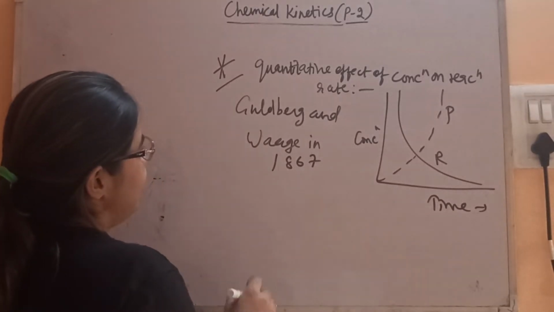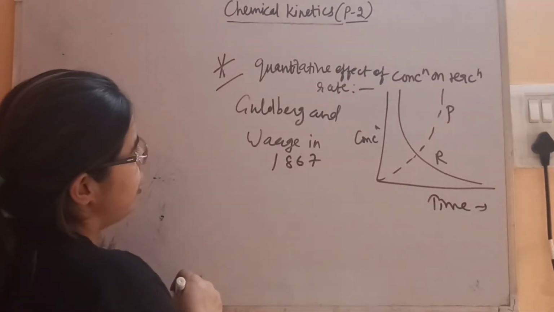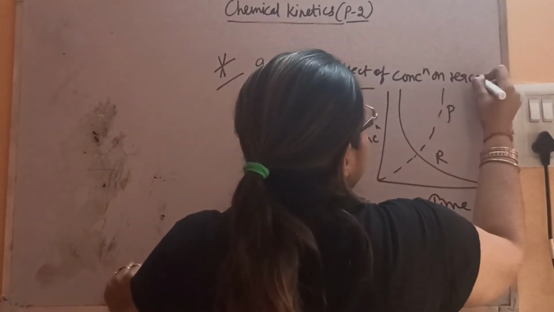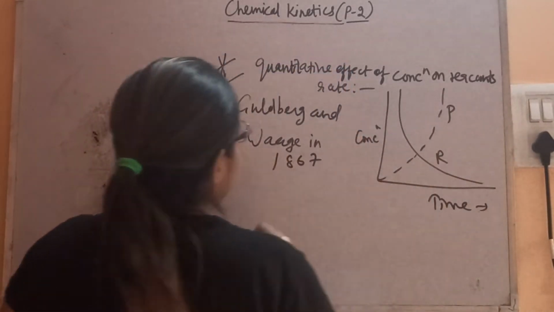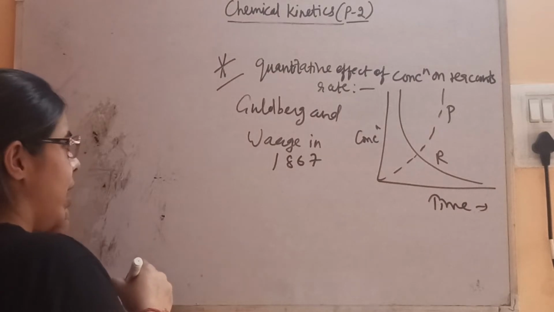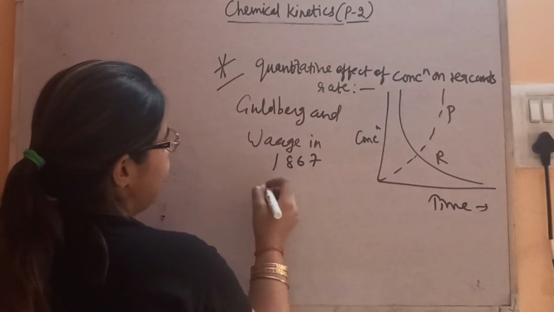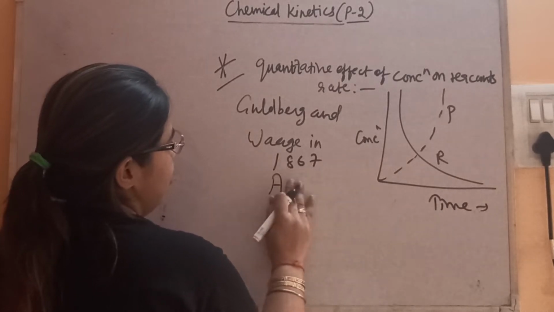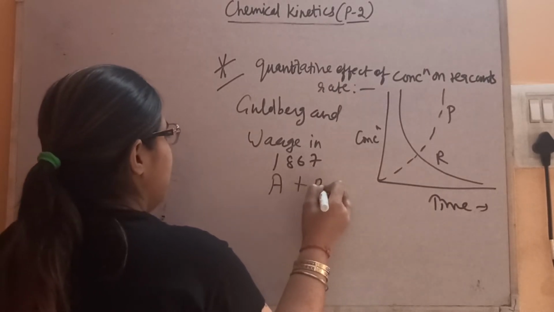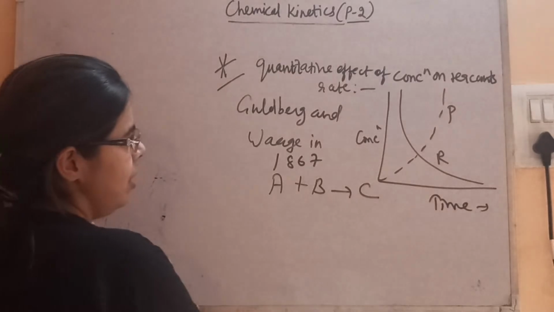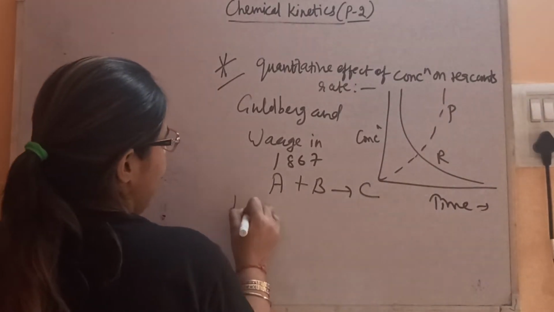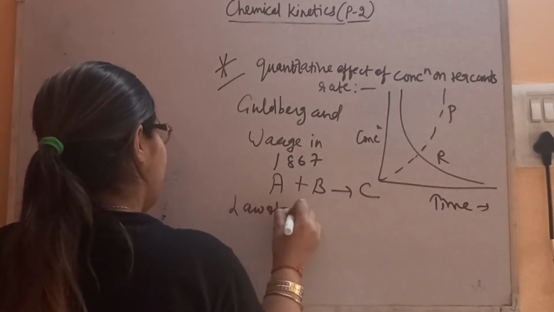Guldberg and Waage in 1867, they have related the concentration of the reactants with the reaction rate. That let's say if A, this is the reaction, and according to this they have given the law of mass action.